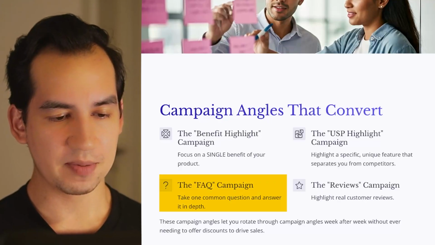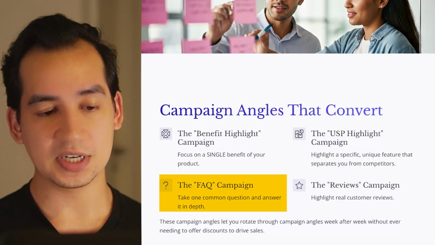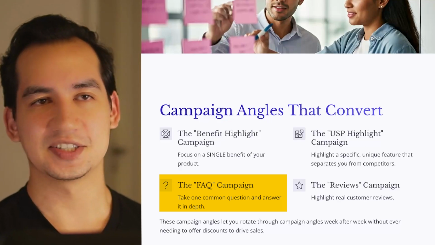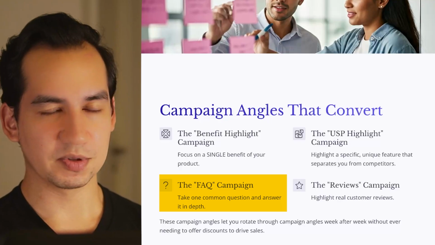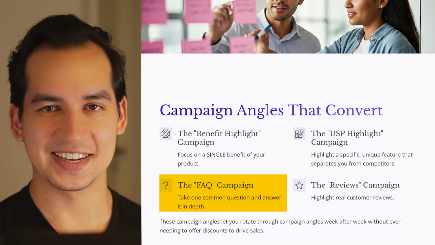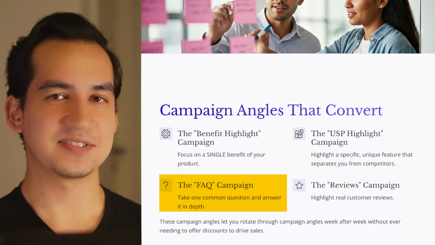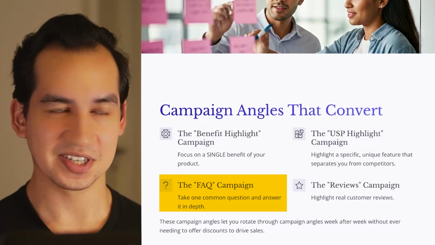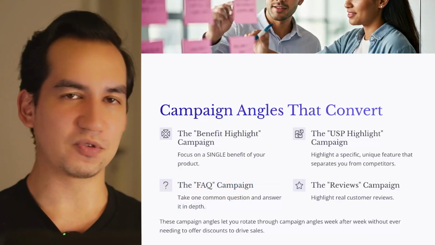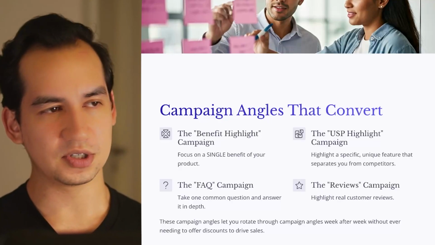The FAQ campaign: take one common question and answer it in depth. If you sell supplements, for example organ supplements for women, talk about how long it takes for the supplements to start working and for them to start seeing results, because before even purchasing, they might be thinking, how long do I have to take this for?